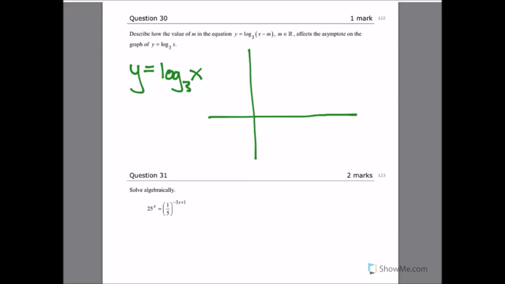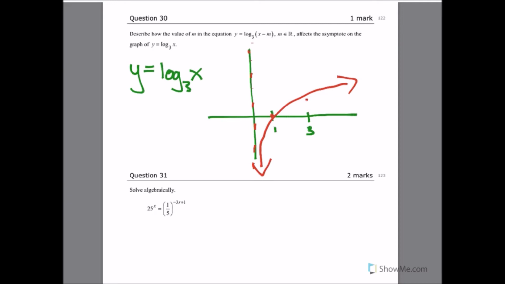There's always the point (1, 0), and then (3, 1), and our asymptote is at x equals 0, the y-axis. If we are subtracting m, that is going to affect the asymptote, because that's just a horizontal shift, so it will be shifted m to the right in this case. And if it was negative m, then shifted negative to the right means to the left.